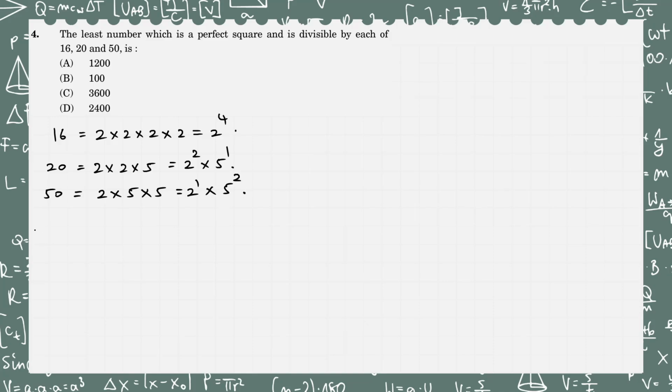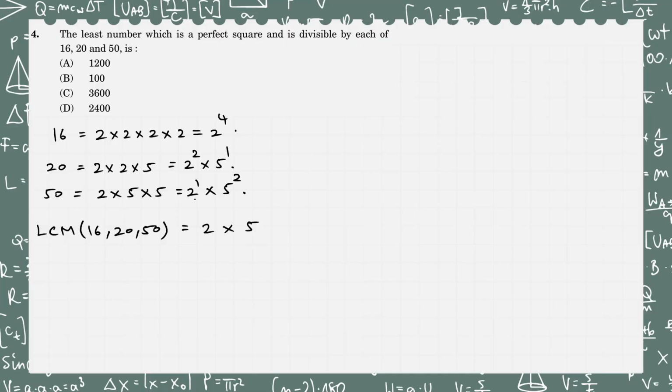Okay, now we need to find the LCM for these three numbers. So the LCM of 16, 20 and 50 will be, only 2's and 5's are available here as the primes. So 2's and 5's will come in the LCM also. But what about the power?